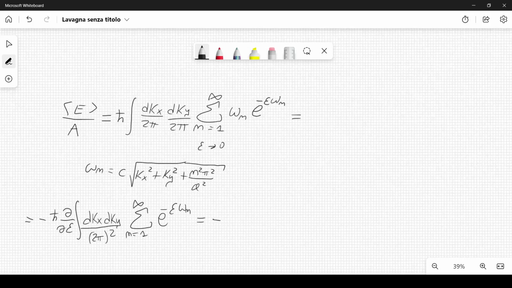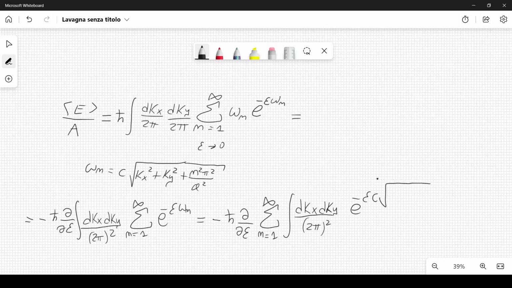and now this can be written as minus h bar d over d epsilon, summation over n from 1 to infinity, integral dkx dky divided by 2 pi squared, e to the minus epsilon times c square root of kx squared plus ky squared plus n squared pi squared over a squared inside the square root.